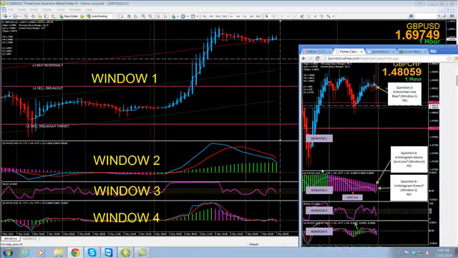As you can see, window 1, window 2, window 3, window 4, just like we have it here. And when we're talking about the Donchian, if we look on the chart itself, there it is, and that's question 2. Question 3, histogram, is from window 2. Question 4 is from window 2 as well.